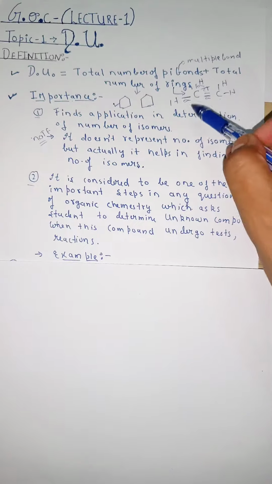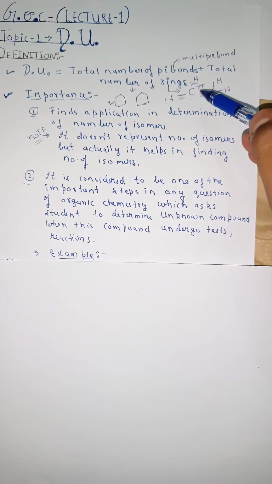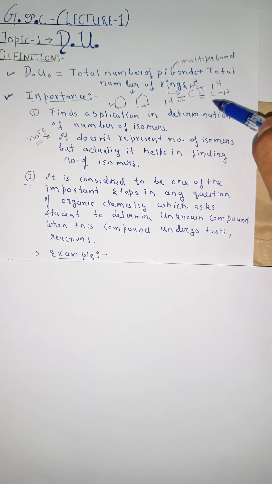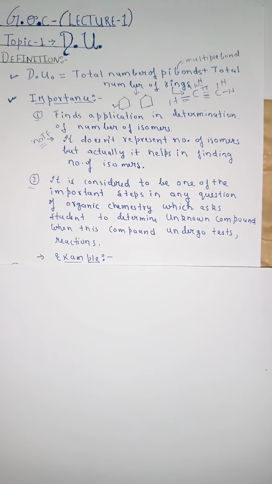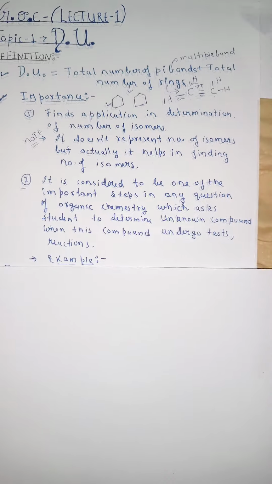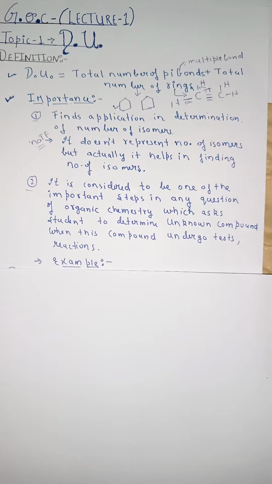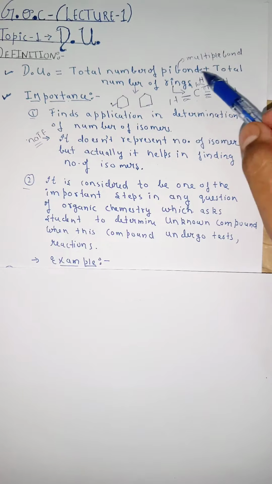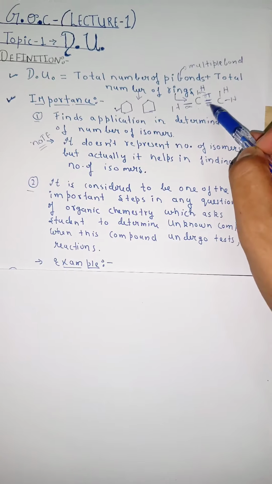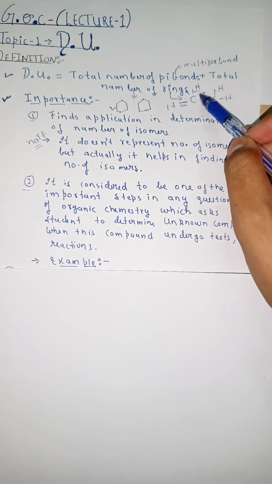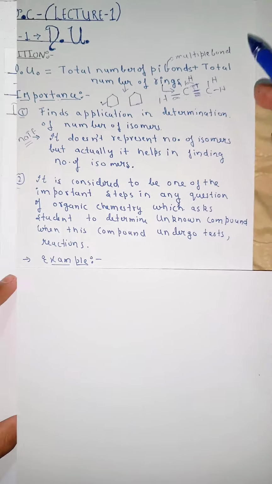So I hope you have a thorough idea of pi bonds in organic chemistry. Pi bonds are generally formed by sidewise overlapping of atomic orbitals. So every second bond is actually a pi bond. Here the first bond is a sigma bond and the second bond is a pi bond.